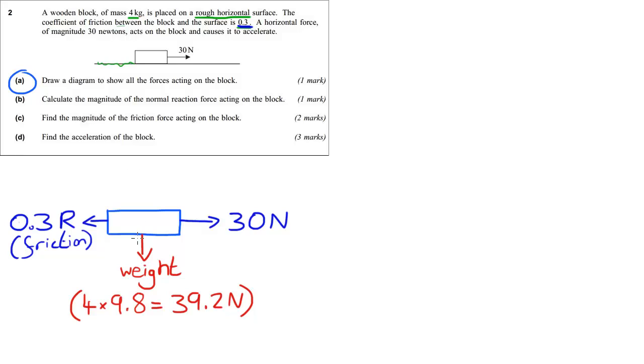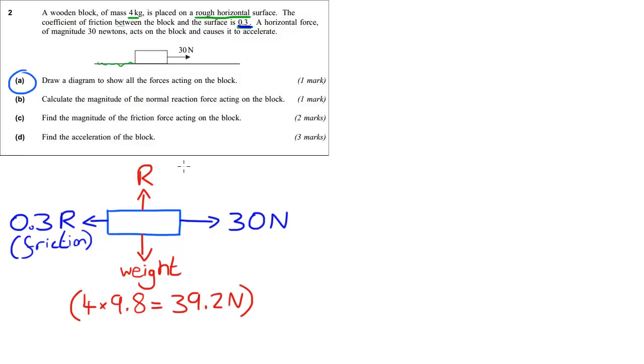And then, like I say, I like to do these in opposites, but people sometimes forget this one. So going up, we have R. R is our contact force. R is what stops this thing accelerating downwards due to the weight. It's basically, if you put your hand on a table, what stops your hand going through the table. It's actually electrons repelling each other, but never mind that, that's too deep physics, I think.